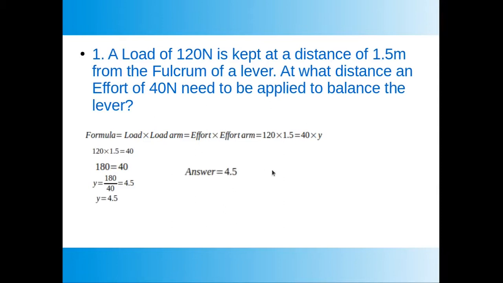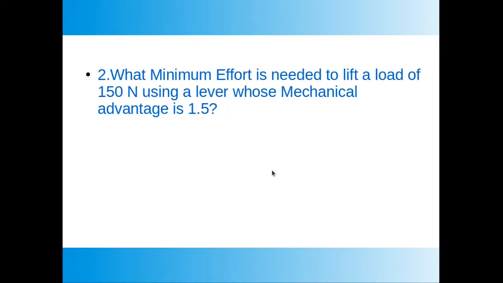The next question, second question: what minimum effort is needed to lift a load of 150 N using a lever whose mechanical advantage is 1.5? Read the question carefully now. We should find the effort here.